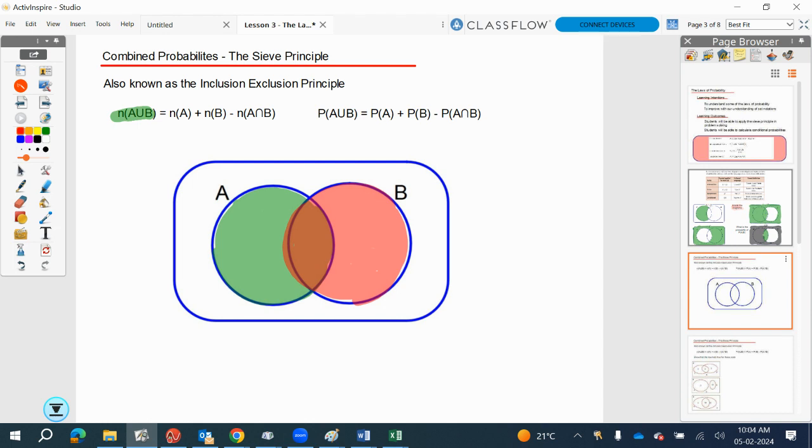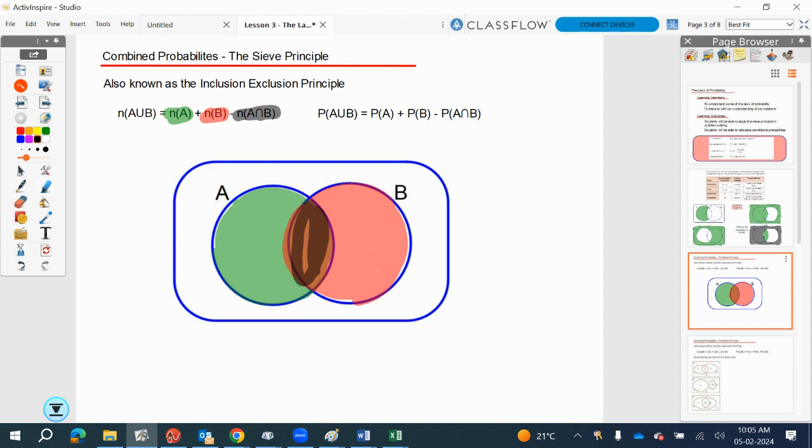So what I'm doing here, if I shade A, I get that. If I shade B, I get that. I have to remove one lot of this because I shaded it twice. That's how it works. A more challenging problem is to do it for 3 sets.